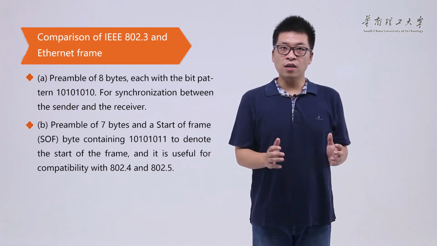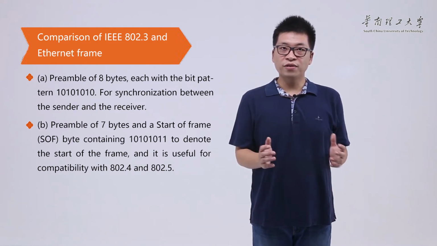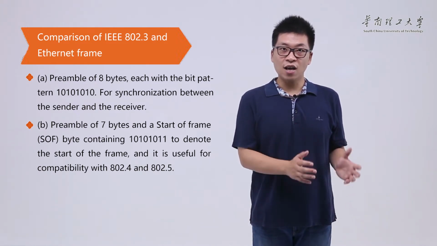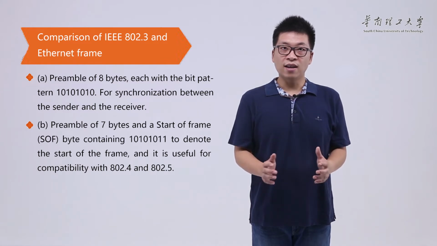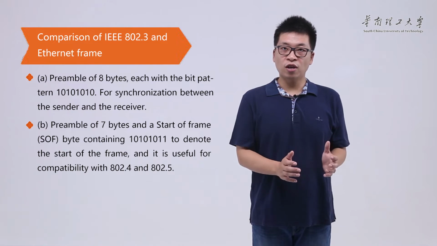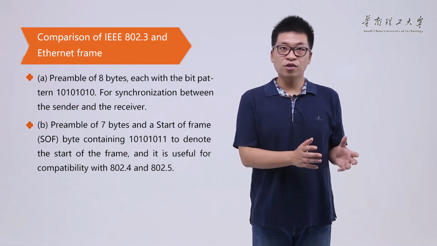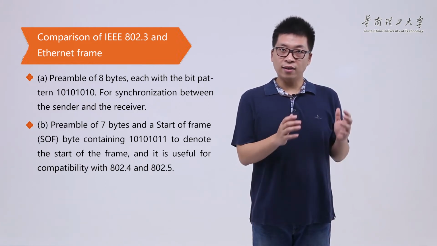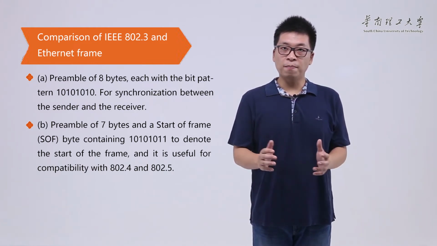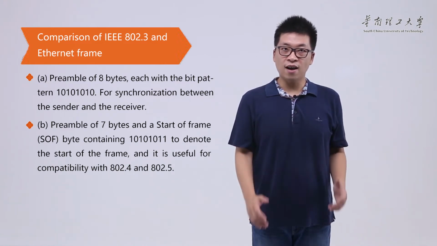In IEEE 802.3, it starts with a preamble of 7 bytes and a start of frame byte, SOF, containing 10101011 to denote the start of a frame, and it is useful for compatibility with 802.4 and 802.5.